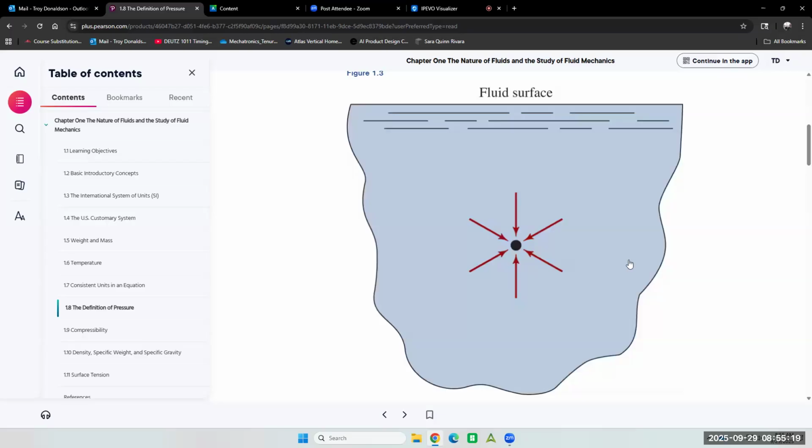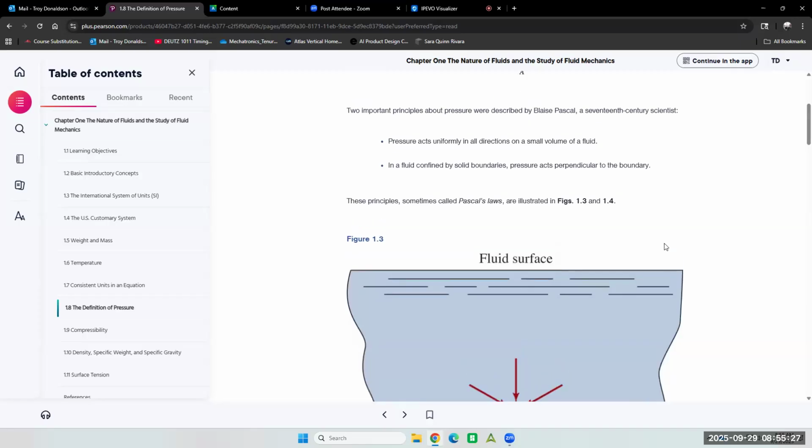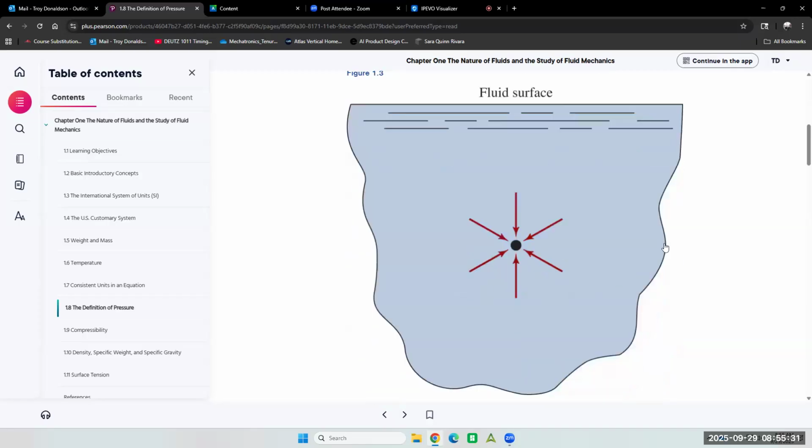Also, fluid creates pressure on objects that are underneath the surface, like shown there, or actually that are on the surface too. So the unique thing about fluid pressure is it acts in every direction. So not in just one direction. Like me standing here, the pressure is acting down and then the ground is pushing up on me. So that's only two directions.